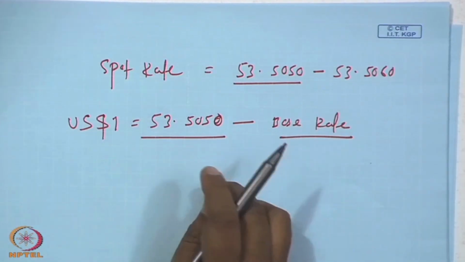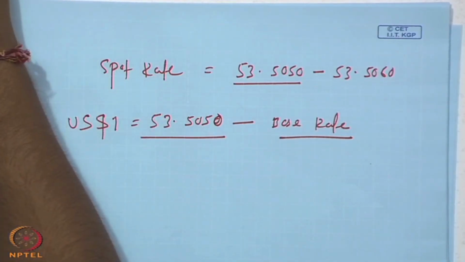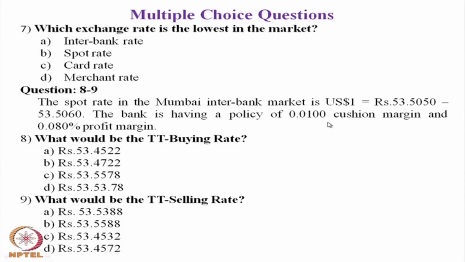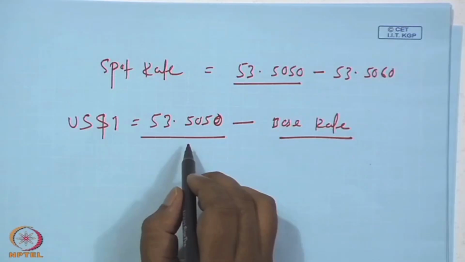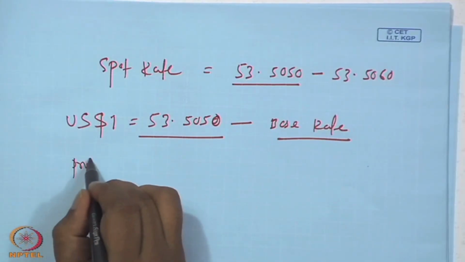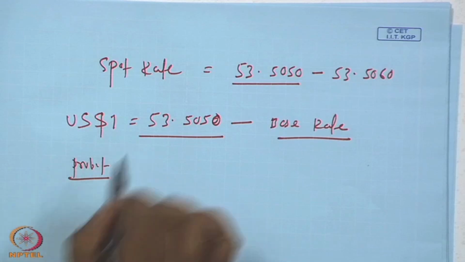The bank has a policy of 0.01 cushion, so a cushion rate applies, and the bank also charges a 0.80% profit margin. You have to minus the profit margin, because the bank will surrender less rupee to you.